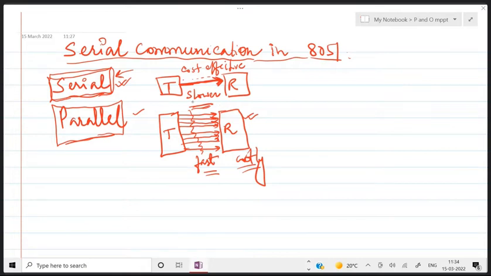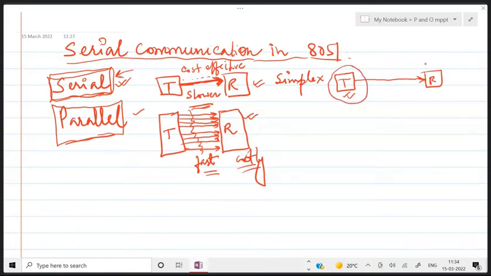Now, within serial communication, we have three possible ways of communication. One is called simplex communication, which is shown here. Simplex communication is where there is a transmitter and a receiver. This system always transmits data, and this system always receives data.